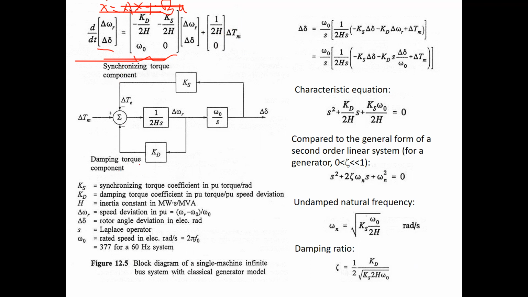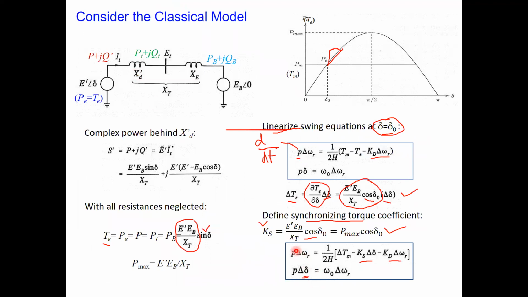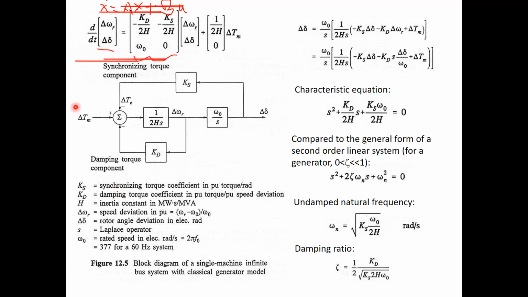So now we will show this in a block diagram. Say we have two states here. If you start from here, this is the rate of change of speed. So 1 by 2H times del Tm minus this term, where del Tm is the input, and then minus del Te.